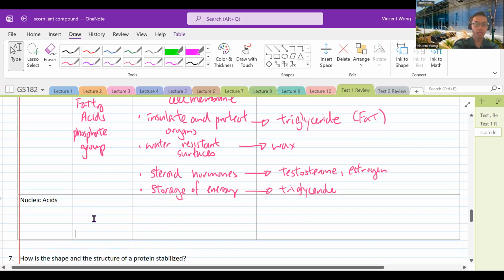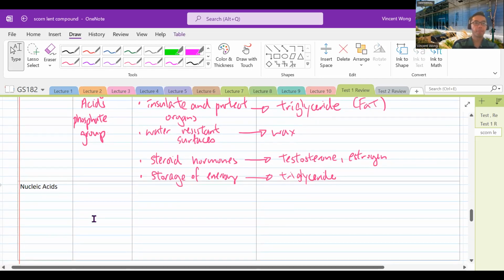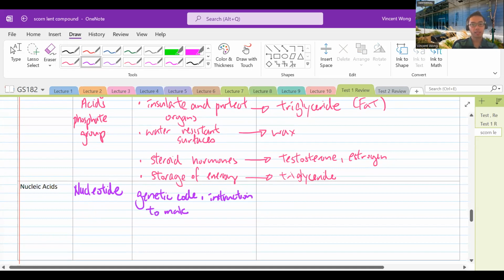All right, nucleic acid. The monomer of nucleic acid is nucleotide, as we discussed earlier. And the function is it contains the instruction to make proteins. Right, that would be the function of DNA.